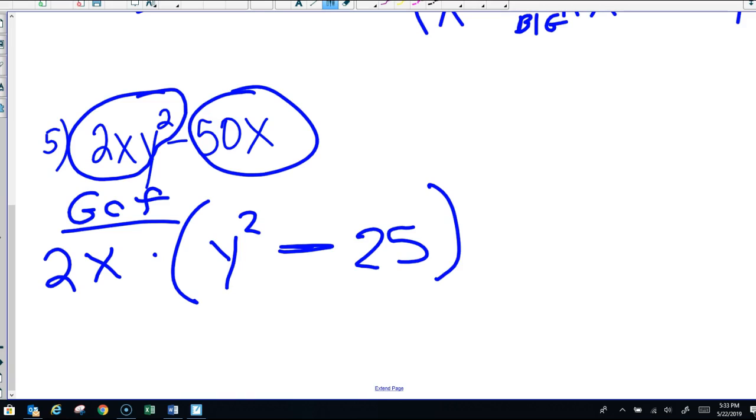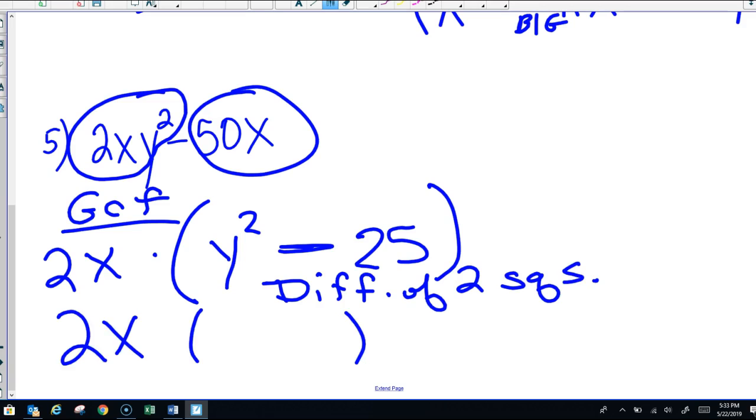Now, you might think you're finished, but look at what we've got right here. We've got one of those good, easy, real common rules, the difference of two squares. So we would keep the 2x out front, and then you would have two parentheses, one with the minus sign and one with the plus sign.